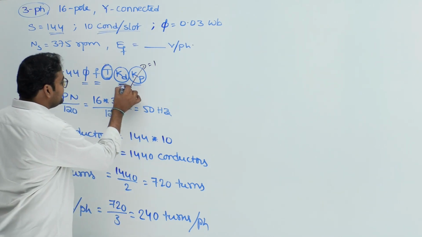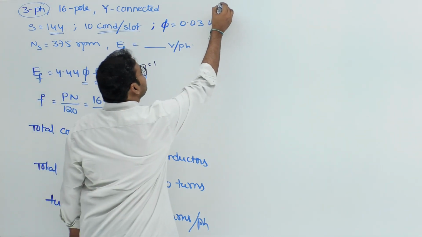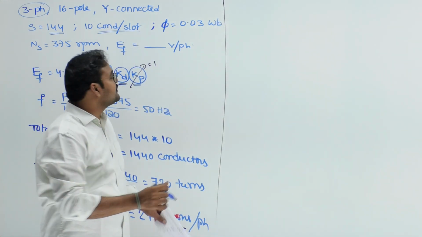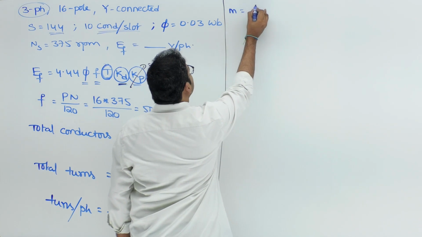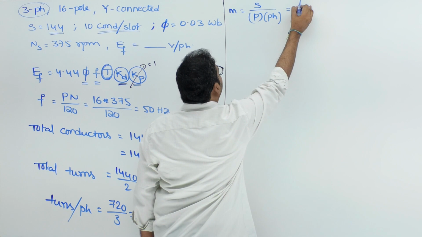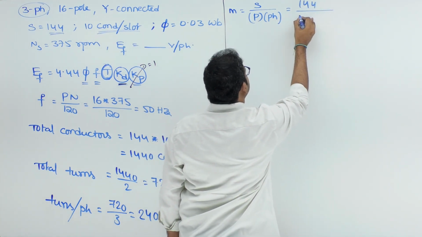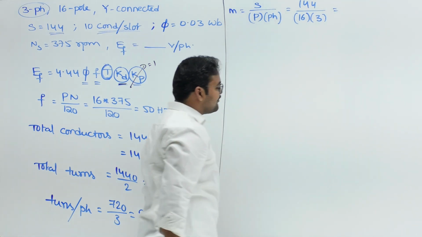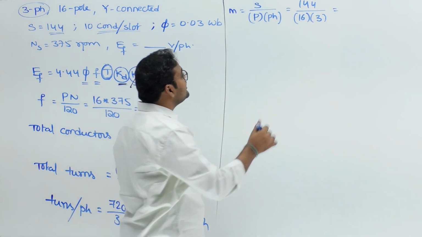Then what is another value we need? Kd. To calculate a distribution factor, we need M and gamma values. Try to calculate M first. M is slots per pole per phase. Overall, 144 slots are there, 16 poles and it is a 3-phase winding, so you will get M value equal to 3.